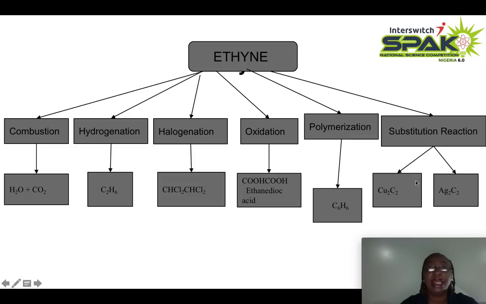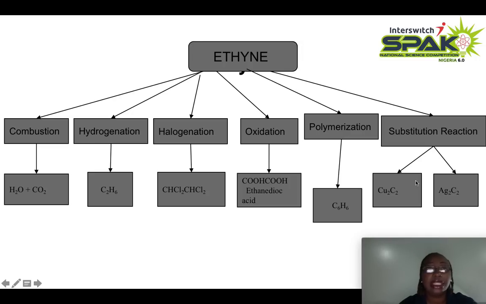Terminal alkynes are alkynes whose triple bonds are at the end of the compound. So if you have pentyne, that means the triple bond is at the terminal, at the end, with the first carbon. Then these are the compounds that can undergo substitution reactions.